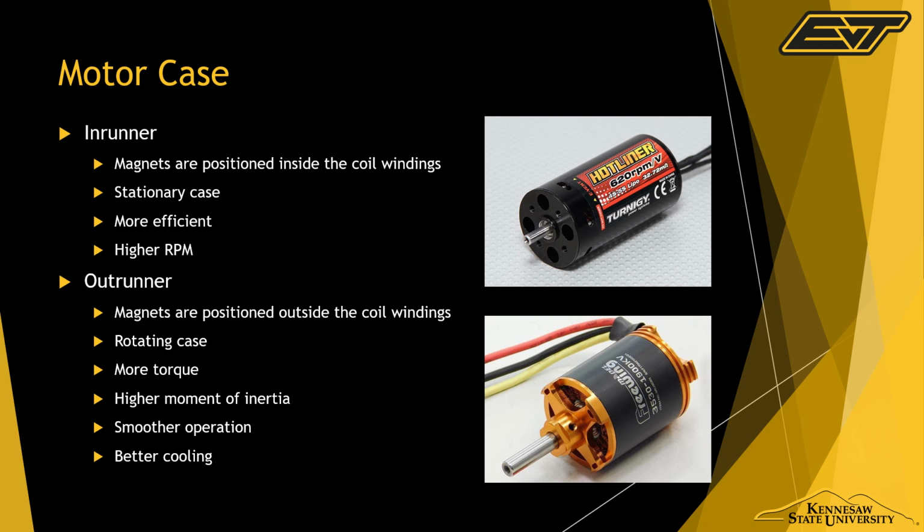Another thing is that they have smoother operation, and the reason why is you can have more magnets and more windings. There's just more space. They also have better cooling. If you'll notice on the inrunner motor, there's not as many air gaps, because there's nothing actually spinning the air. Typically, if you see an inrunner motor, they're going to have a fan attached to the rotor, because they have to cool it somehow.